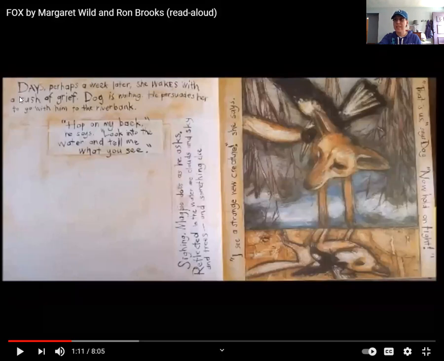Also in the text, it says that it was days and maybe even a week later. So it seems like Dog was there for quite some time, so it's just like Magpie was all he really had. So it wasn't like he had anywhere else to go, or at least that's what it seems from this text. Or, maybe if he did have something else to do, it doesn't matter as much, as he feels like maybe Magpie's the priority or that she's more important than anything else that could be going on.